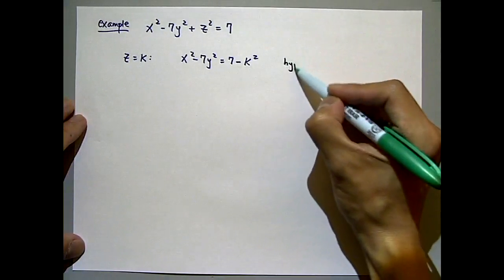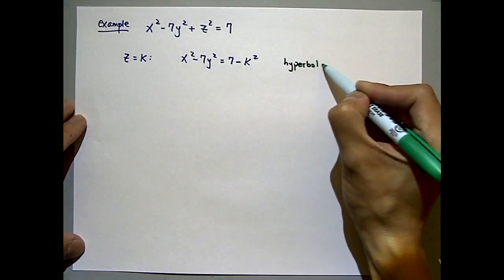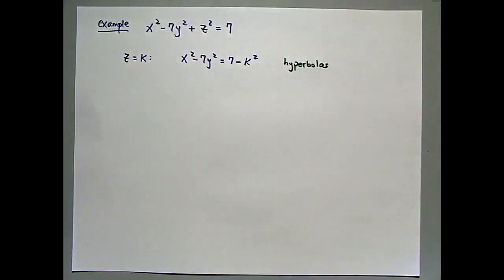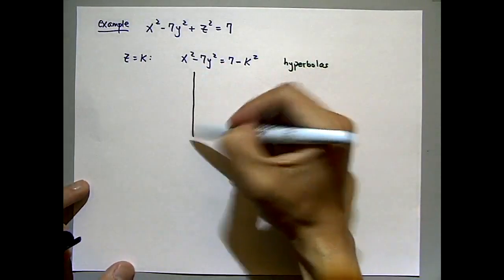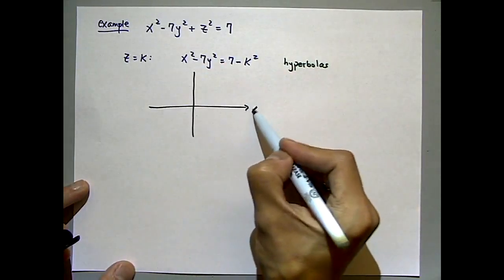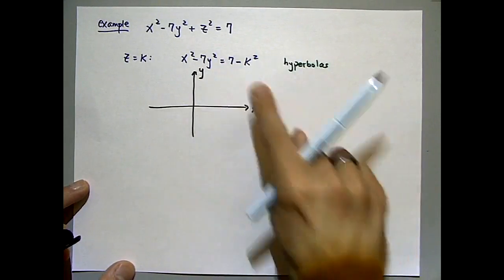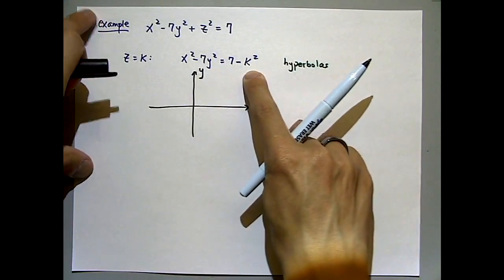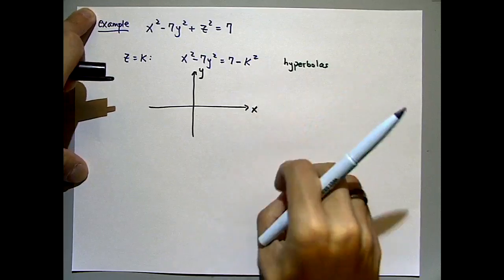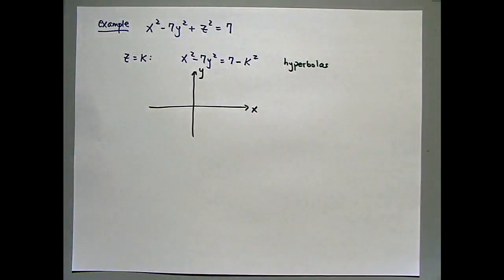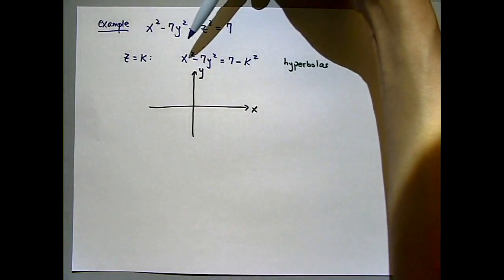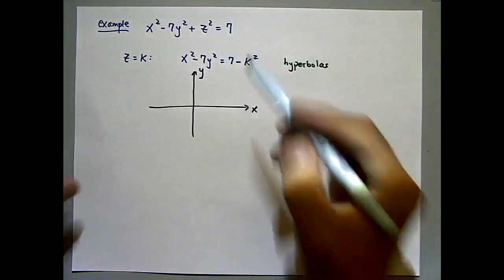Right. What axis do they intersect? If 7 minus k squared is positive, then the hyperbolas will intersect the x-axis, right? Something like this.